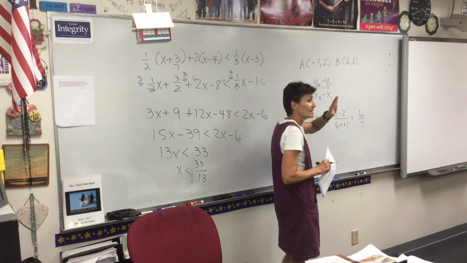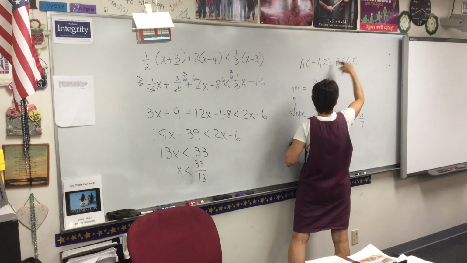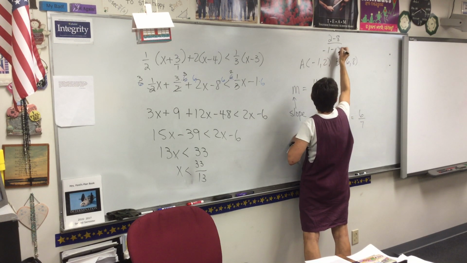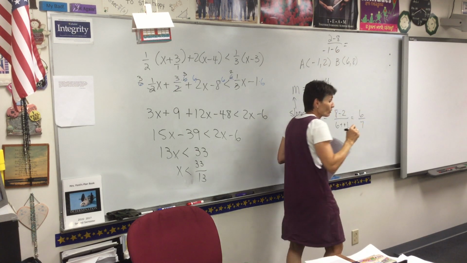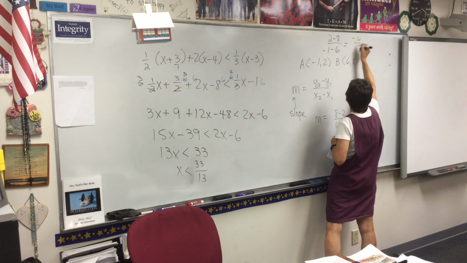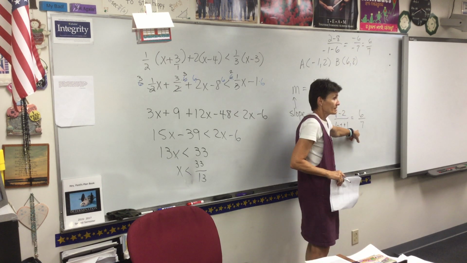It doesn't make any difference. If we went the other way, if we did 2 minus 8 over negative 1 minus 6, we are going to get the same answer. It comes out to be negative 6 over negative 7, which is still 6/7.